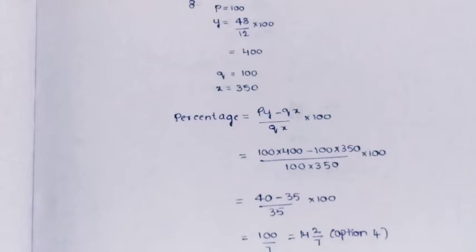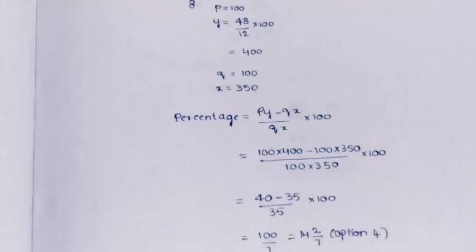So per dozen is nothing but 12. So here the Y value is 400, Q is 100 and X will be 350. Applying all these values in the formula, the percentage will be 14 2/7 percent, right? I think you have understood.